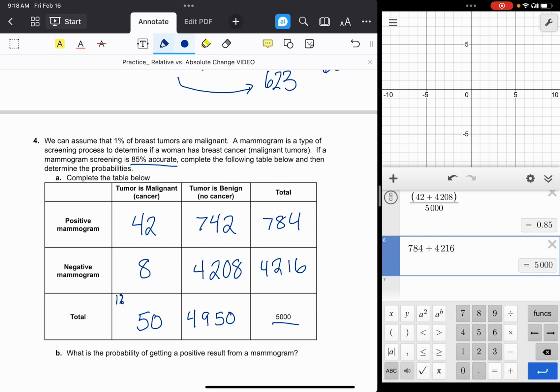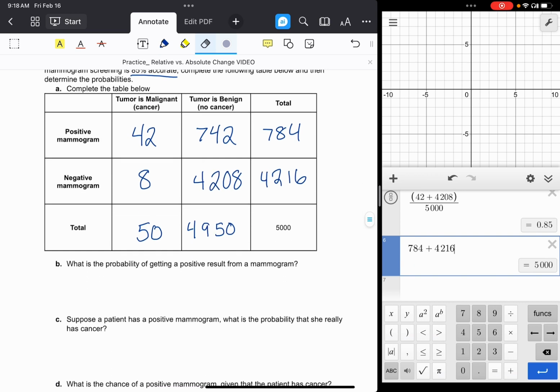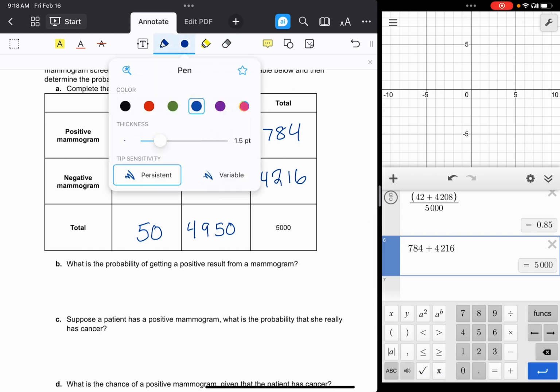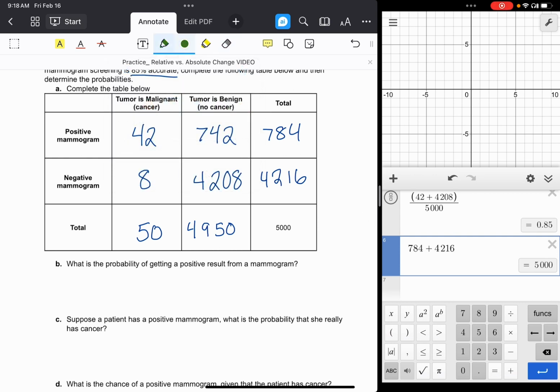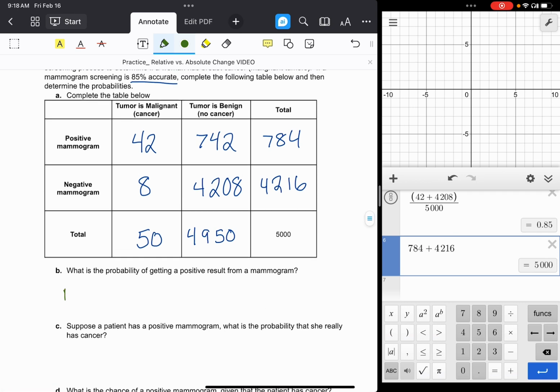All right, let's focus on the probability part, because I'm betting that's the more challenging side of things. I know the rounding on this table was a little weird, but besides that, it was similar to the last one. Okay, so what is the probability of getting a positive test result from a mammogram? This is just like the first one over there. So we want the probability of a positive, and I'm just going to say M for mammogram.